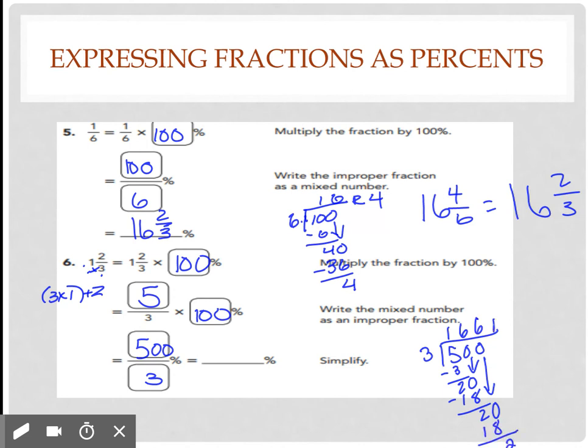So I will have 166 remainder 2. So that as a fraction is 166 and 2/3. So 166 and 2/3% is your answer.